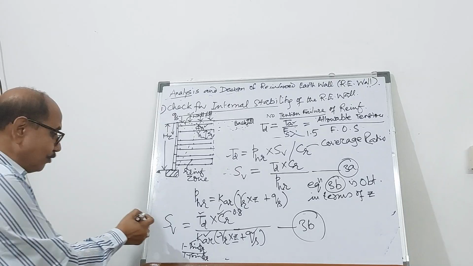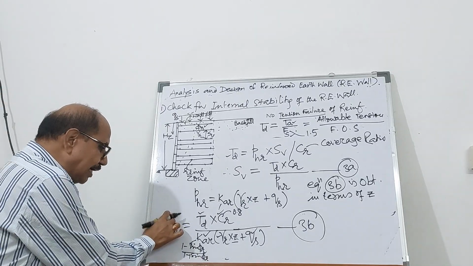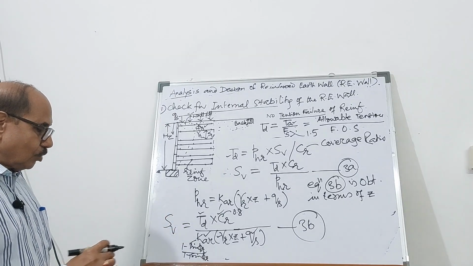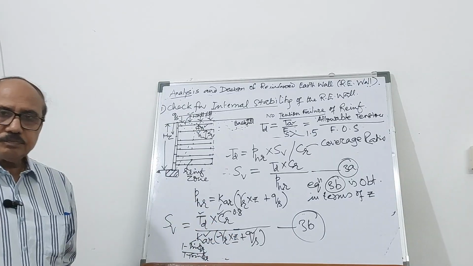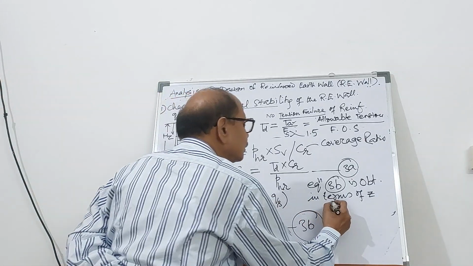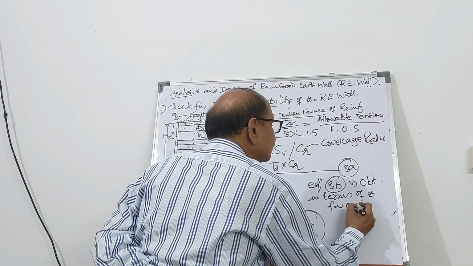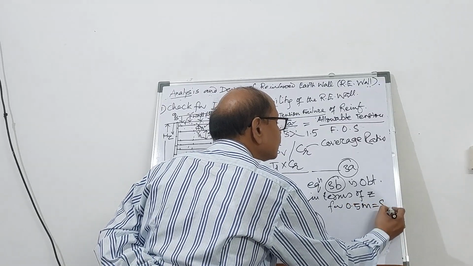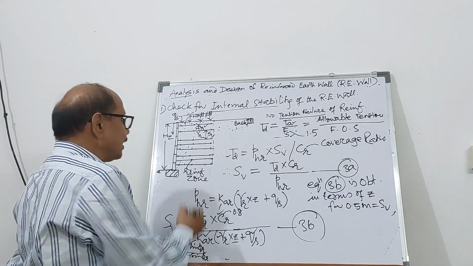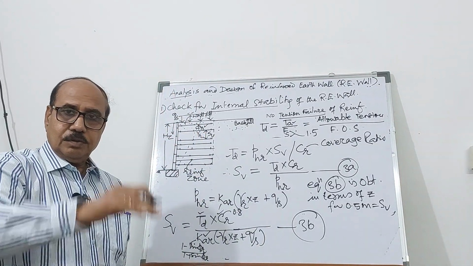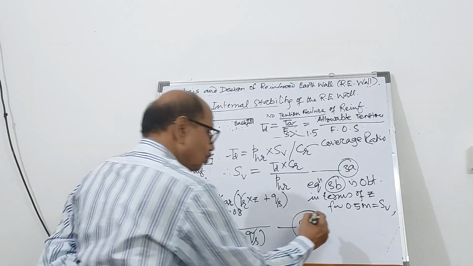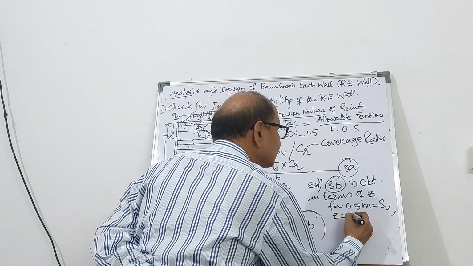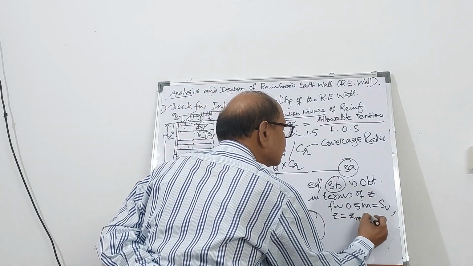So let's say I want a vertical spacing of 0.5 meter. What would be Z maximum? That I can calculate for, say, SV equal to 0.5 meter. Vertical spacing I want to provide at every 0.5 meter. What should be Z max?